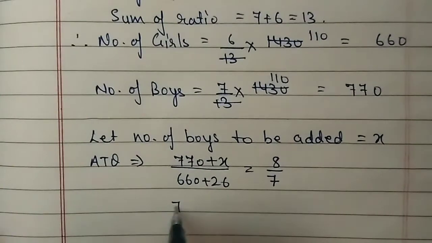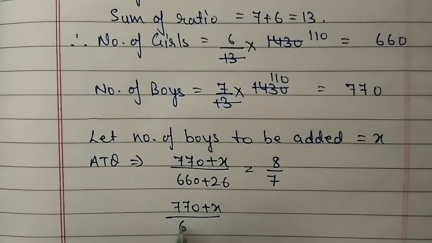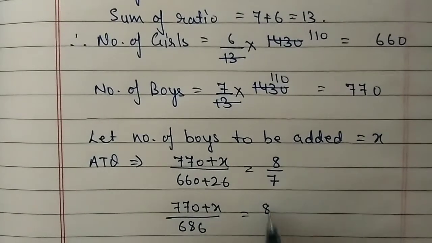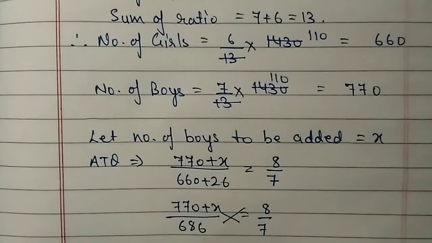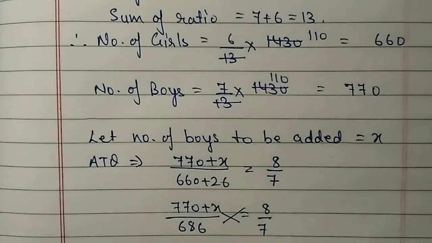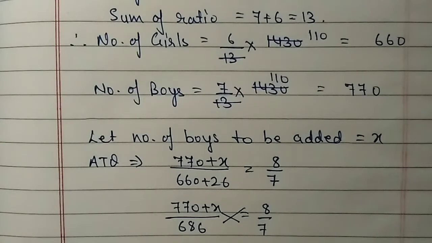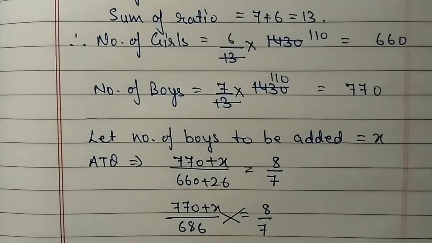We can simplify it. 770 plus x by 686 equal to 8 by 7. Cross multiply it. 7 into 770 plus x is equal to 8 into 686. Multiply it, you will get 5390 plus 7x, and this side you will get 5488.